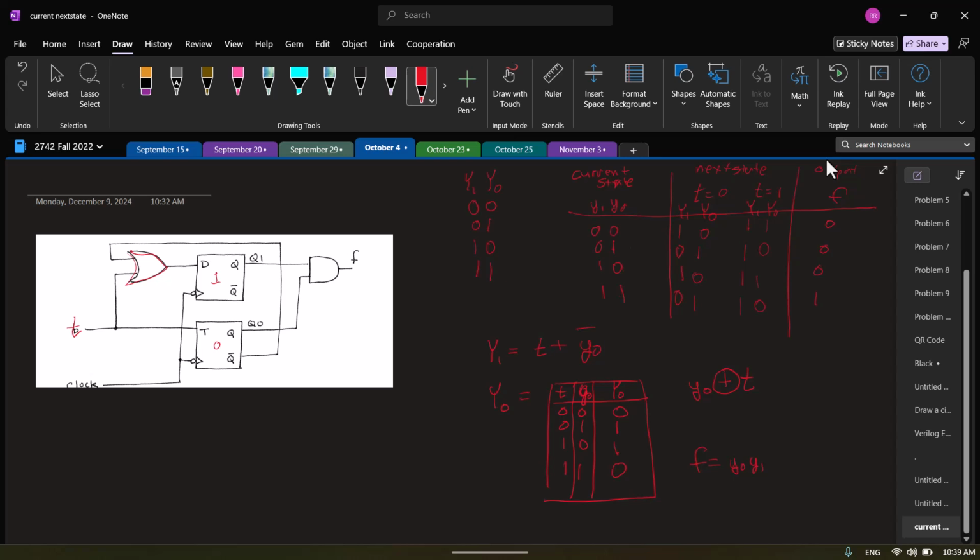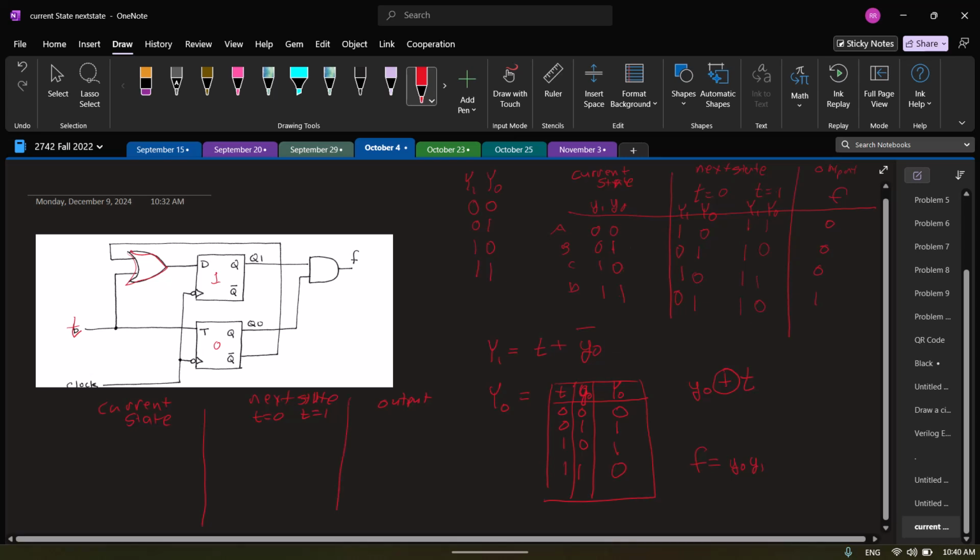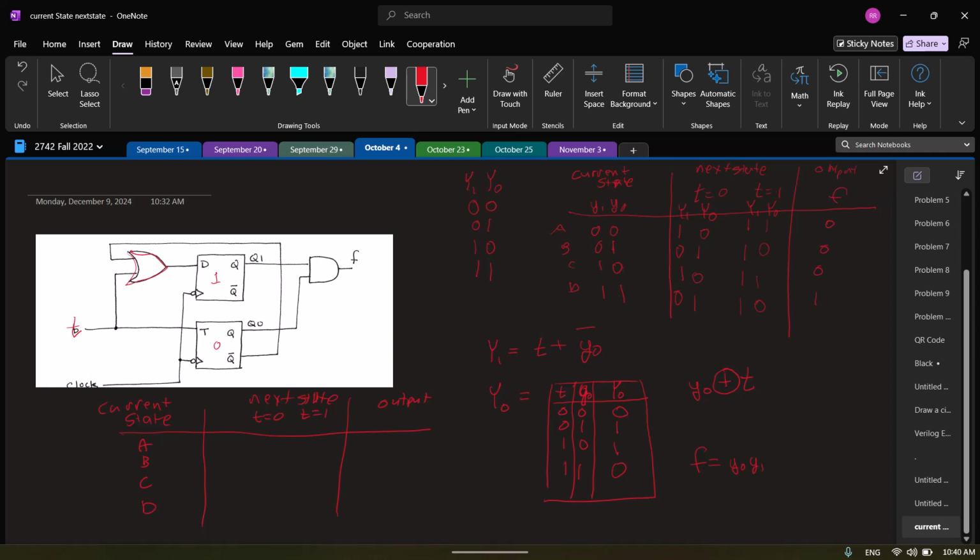Okay, so now let's make a state table for this. Let's call these A, B, C, D. So current state, next state, T equals 0, T equals 1, output. A, B, C, D. A is 0, 0.